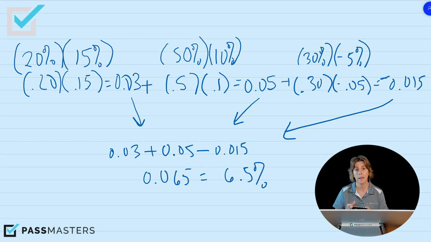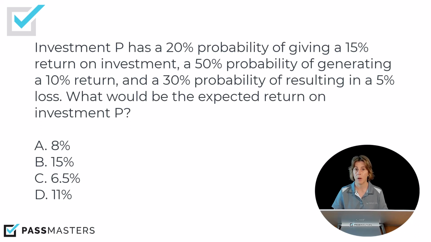That is what the client can expect to return given these probabilities of these expected returns. The probable long-term average expected return for investment P is 6.5%. This is an example of calculating a discrete probability distribution for potential returns.